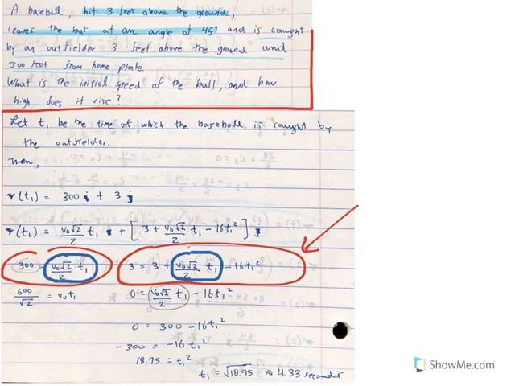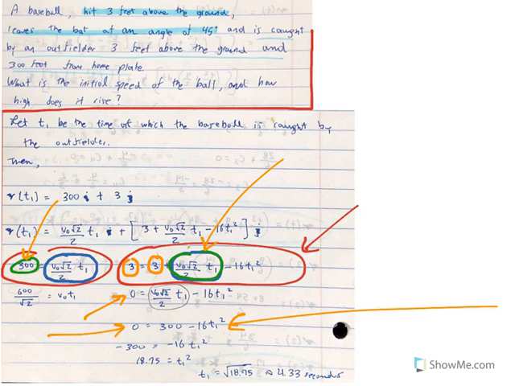So I can just substitute this particular quantity with 300 in my second equation. And also you will notice that I have 3 on both sides of the second equation. So if I subtract 3 from both sides, I will have 0 is equal to 300 minus 16 t sub 1 squared. And that's exactly what I've done to get this particular line.